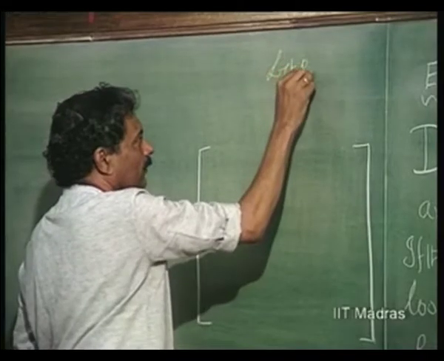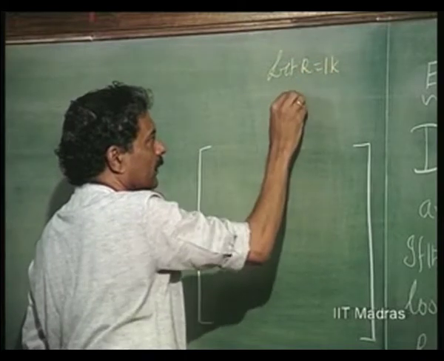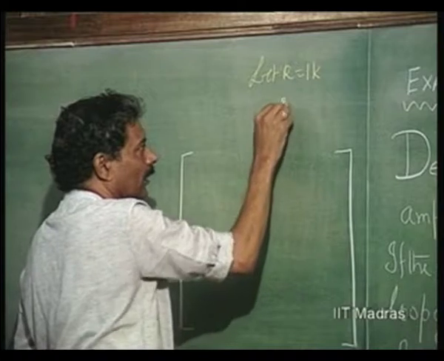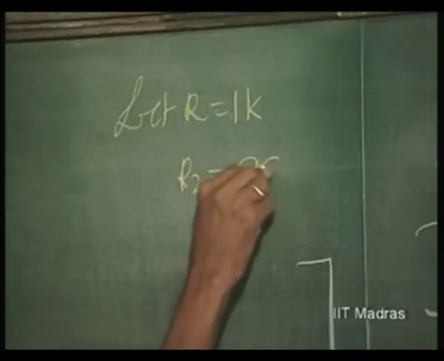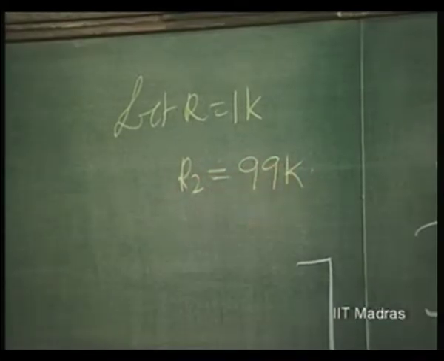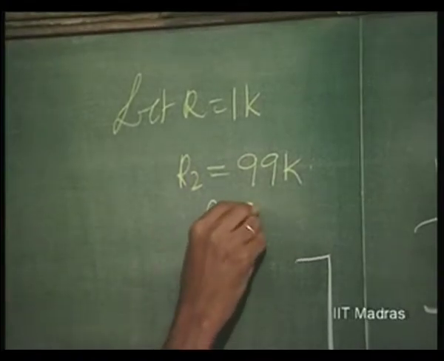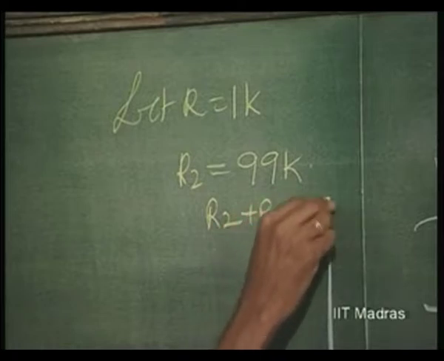Let R be taken as 1K, then we'll have R2 equal to 99K. So R2 plus R1 therefore is equal to 100K.